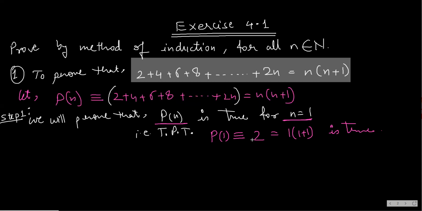That is P of 1, which is 2 equals 1 into 1 plus 1. 1 plus 1 is 2, 2 into 1 is 2. So you have to prove that 2 equals 2 is true.